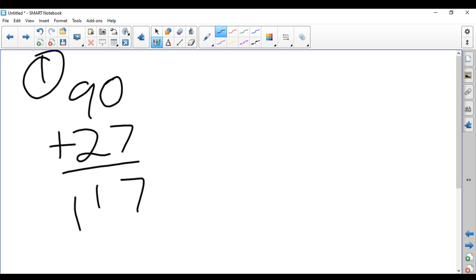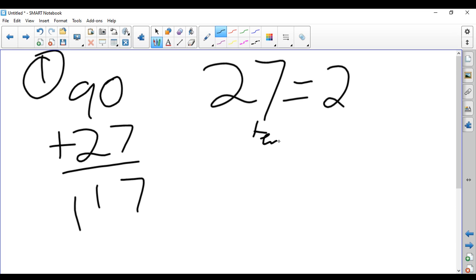You can do the same thing if you can get your mind around it with question 2a. Question 2a says 27/10, and it even started you off. Here it admits, okay, well, with 27/10, I have 2 1s, and then I have 7/10.